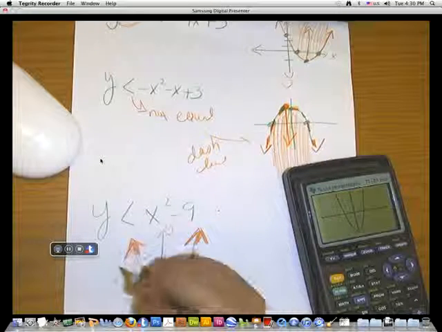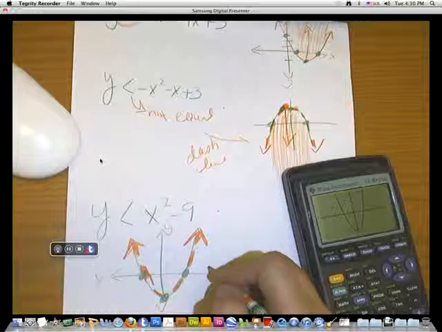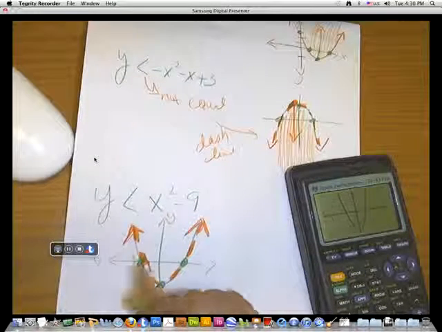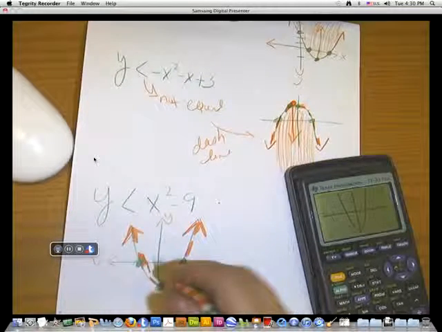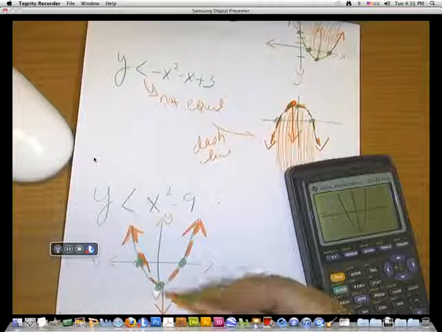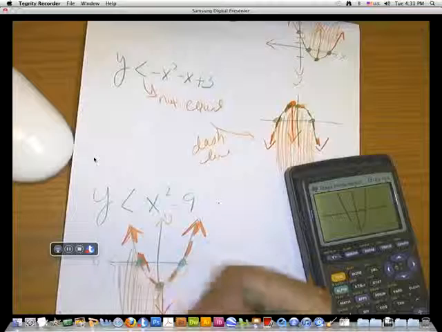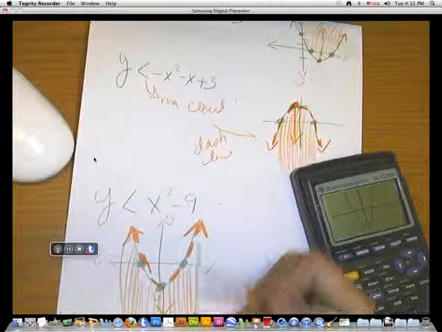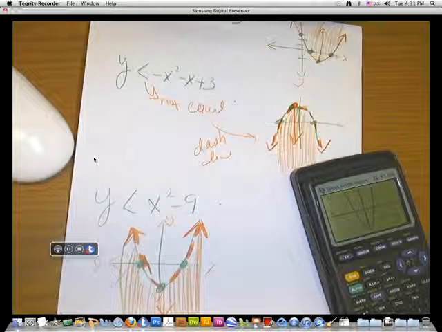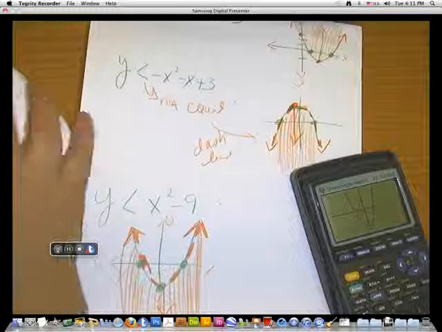Arrows, labels. Here's my vertex, and less means below, so I'm below my vertex, which means in this case, I'm outside of my parabola. And that's all it takes for graphing inequality quadratics.